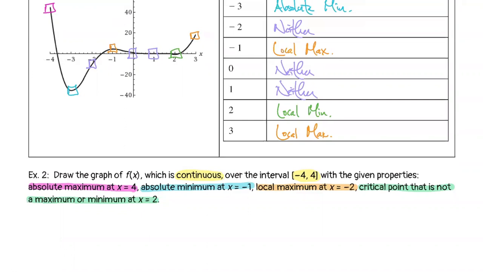In this case, we're looking for one that has a slope of 0, but it's not a maximum or a minimum.